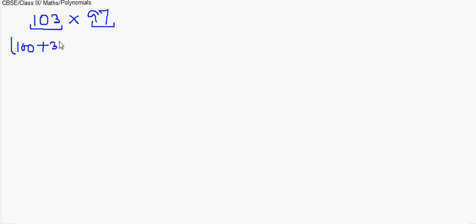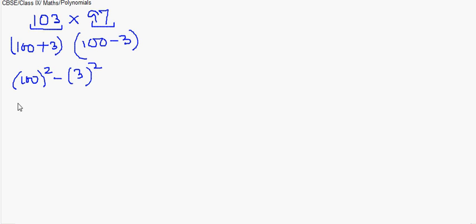So it is x plus y. Again we try to expand 97 in terms of 100 and 3 both. So it gives you 100 minus 3. So now it becomes a plus b and a minus b, or x plus y and x minus y. So it is 100 square minus 3 square. See, our task is getting reduced. Otherwise, you'd have directly calculated. So it can be done orally: 9991.